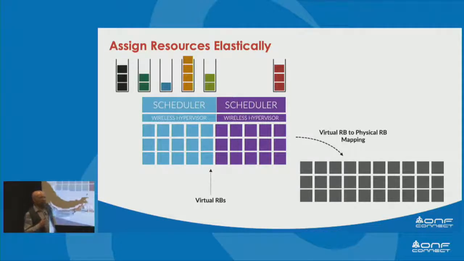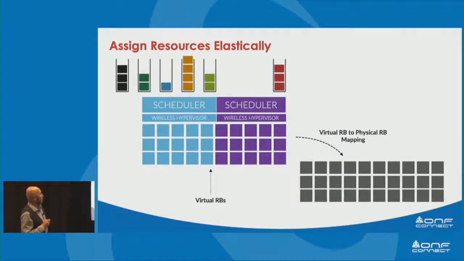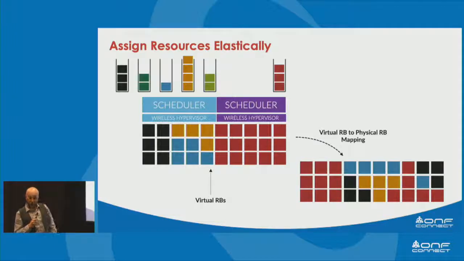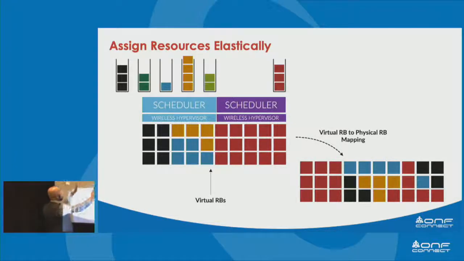And then collectively, I'll do a virtual to physical resource block mapping. So if this is the virtual mapping, again, the physical mapping will look something like this. And I could do this on a TTI level. And the elasticity of this could be at a TTI level as well.